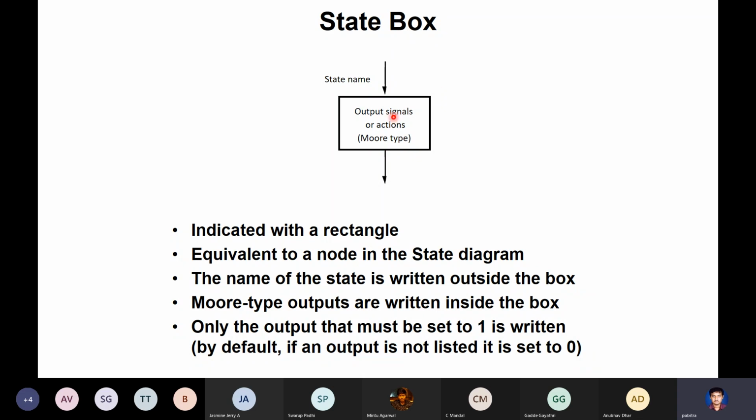So this box is equivalent to a node. The name of the state is written on the top left. Moore type outputs are written in the box. And we only list the outputs which must be set to 1. If some variable or register is not written, it means it should be set to 0.